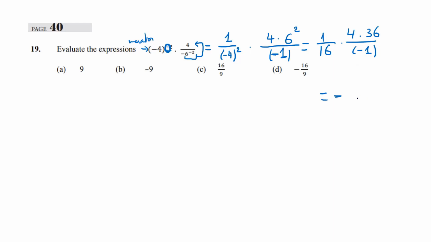So we have negative. And we try to simplify before multiplying to make it easier. 4 and 16, so this is 4, this is 1. 36 and 4, this is 1 and this is 9. So finally it's minus 9 over 1. So it's negative 9.